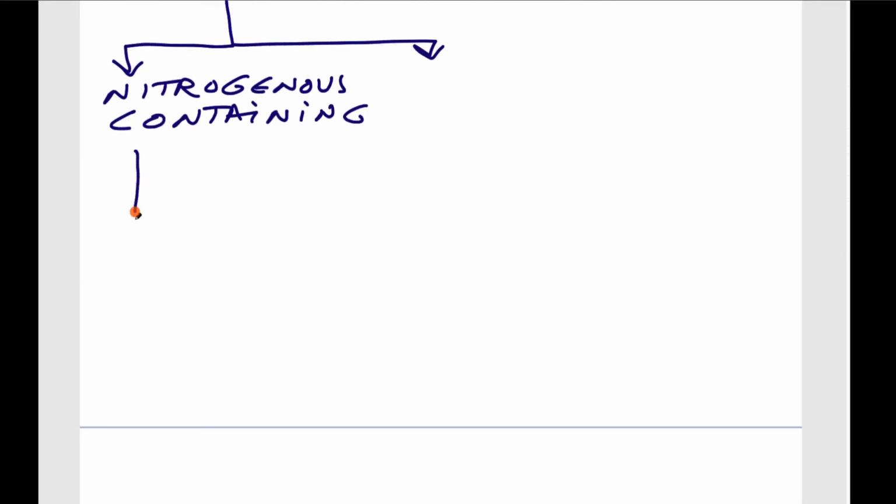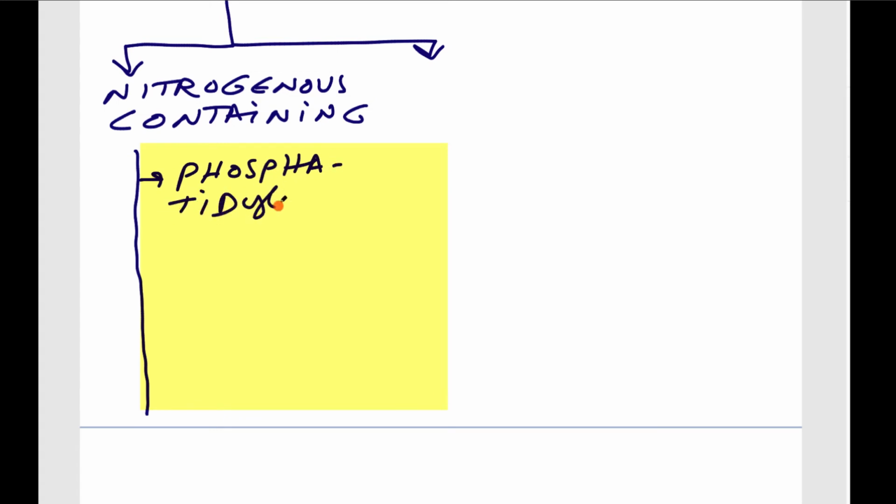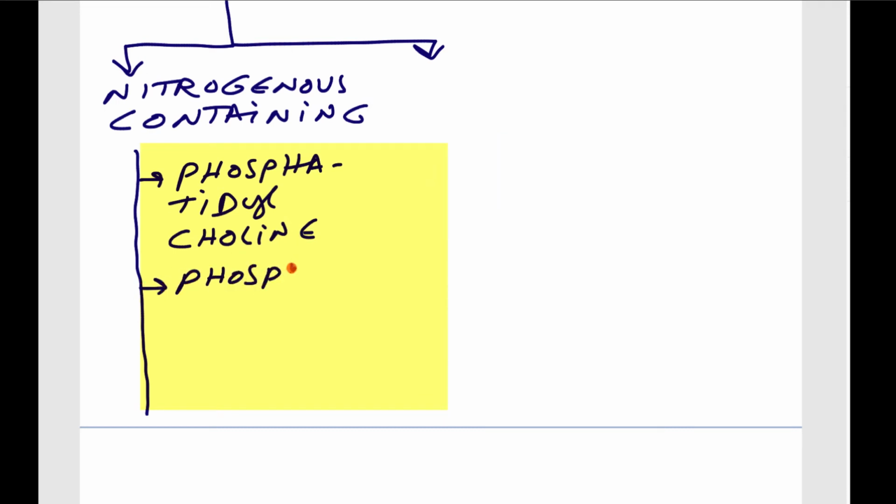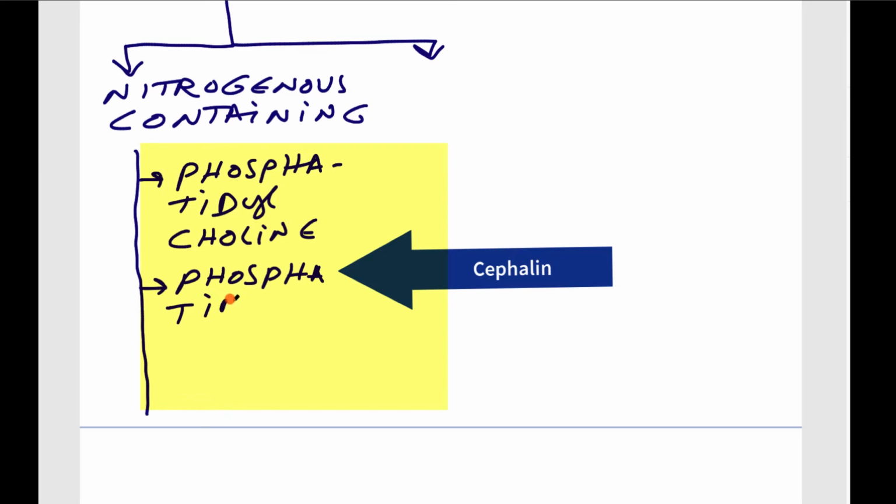Can we have examples? Yes, there are many examples. Phosphatidyl choline is also known as lecithin. Phosphatidyl ethanolamine is called cephalin.